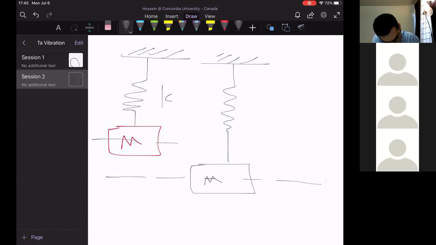So this length is a static deflection, right?